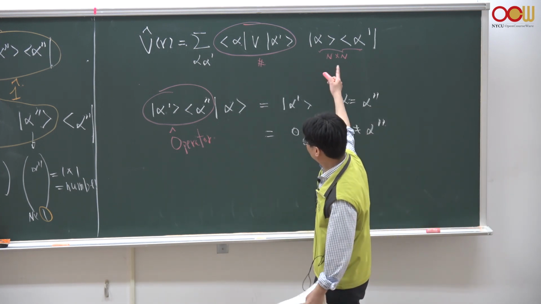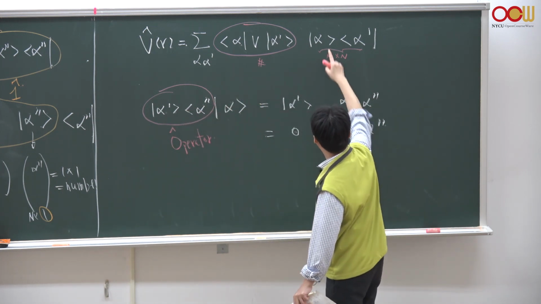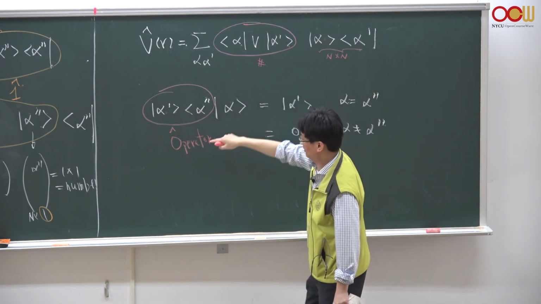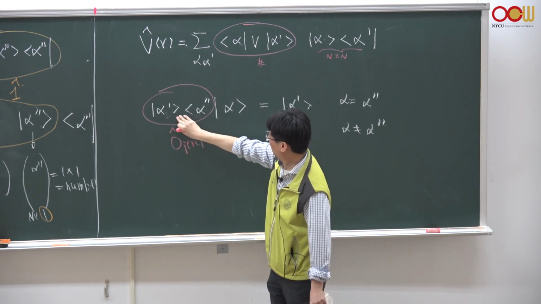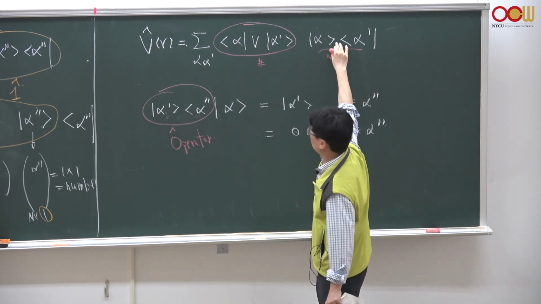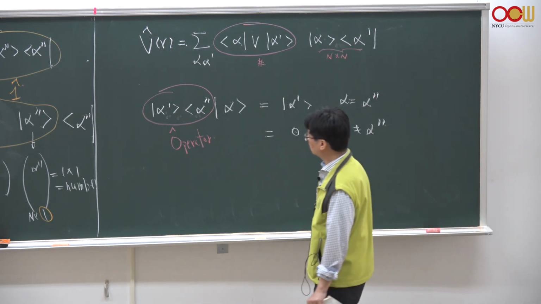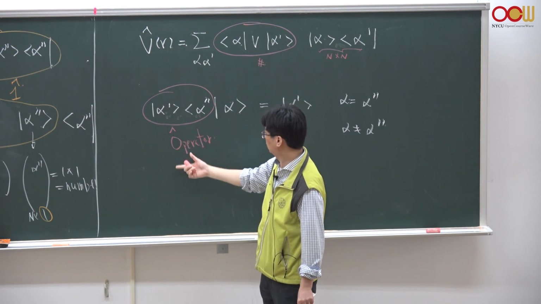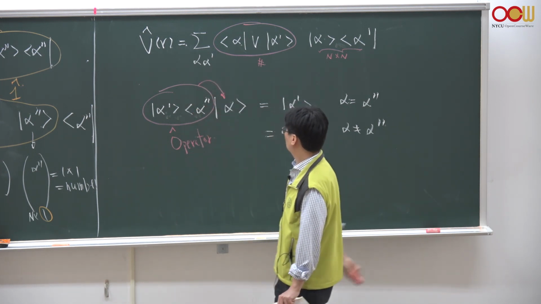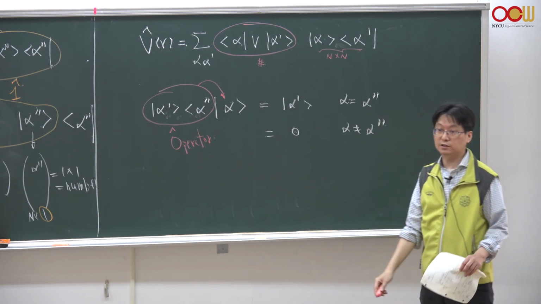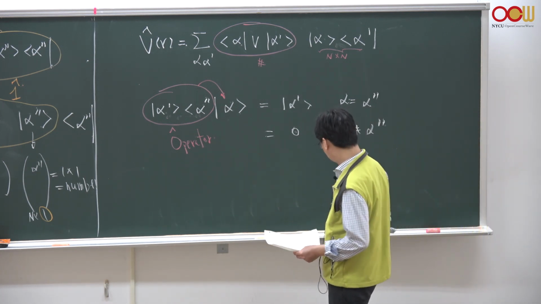Well, I apologize for this confusing notation. This alpha prime, alpha double prime, head-to-head represents precisely this matrix here. And since this is a matrix in quantum mechanics, this should be the operator, and this operator should operate onto any quantum state. Say this is the ket alpha, and let's see what happens.